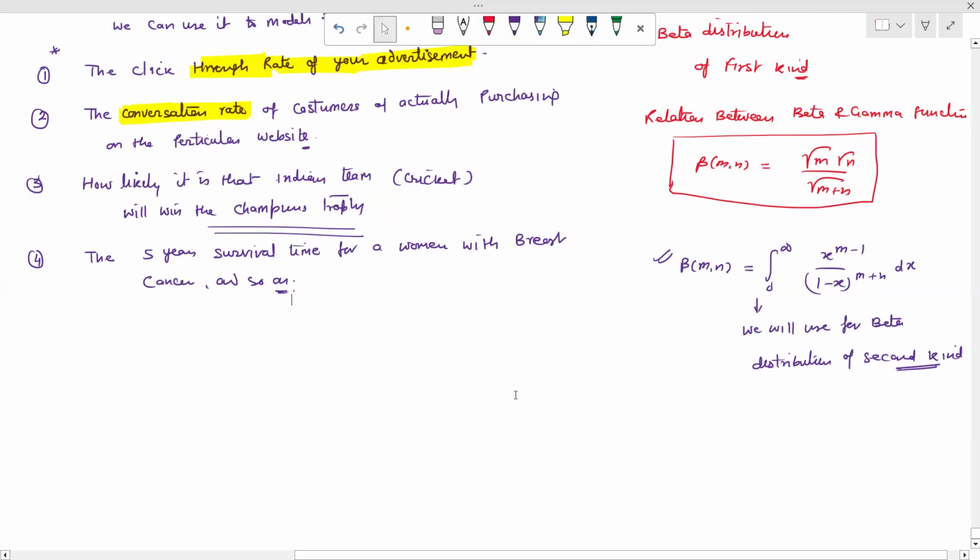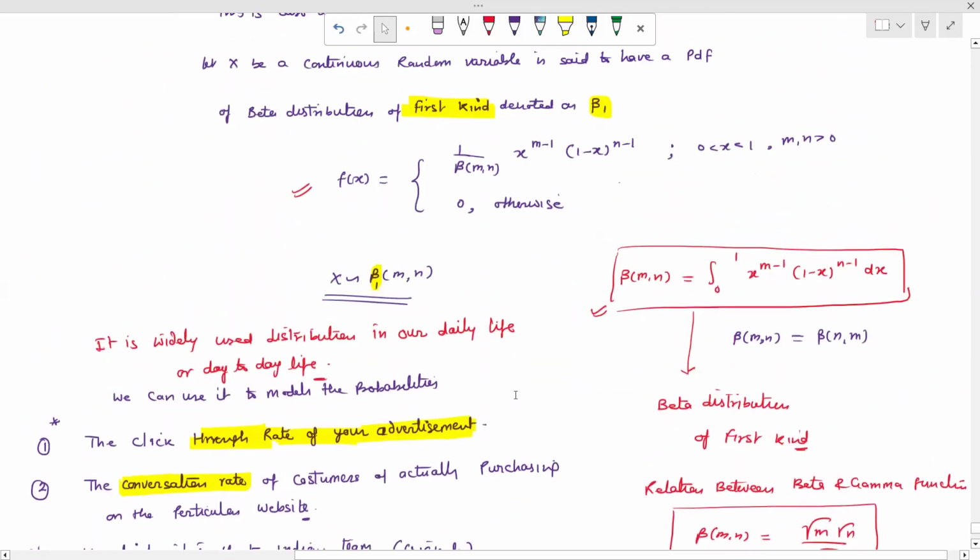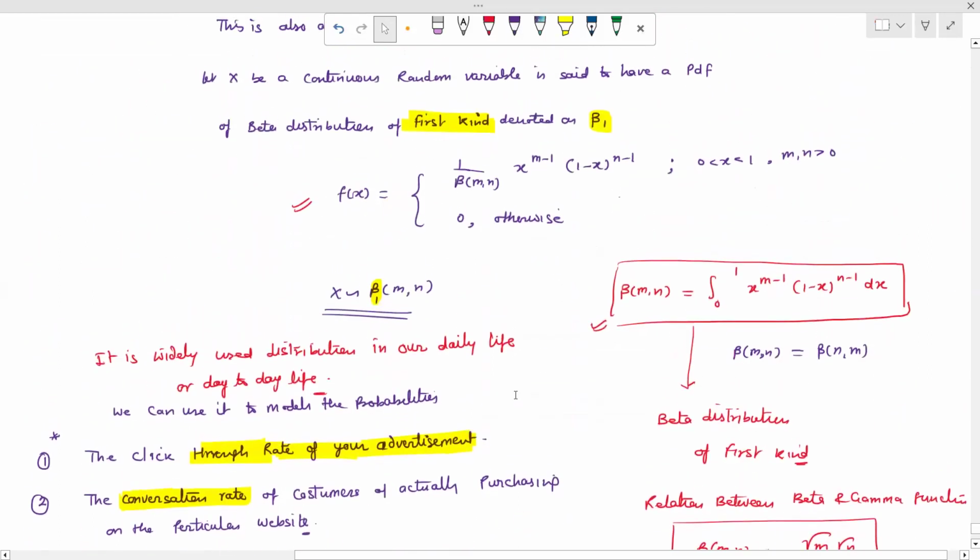So now, when we see the PDF of this distribution, so PDF of this distribution is given as f(x) is equal to 1 upon beta(m,n), x raised to the power m minus 1, (1 minus x) raised to the power n minus 1.